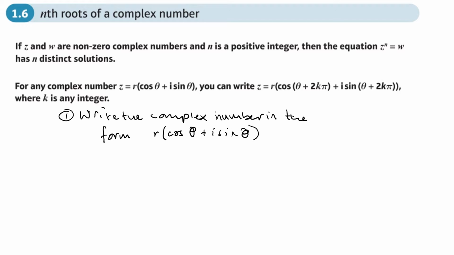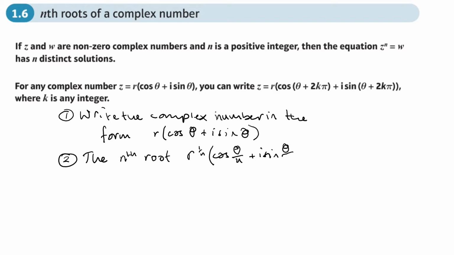The reason we can do that is because we can find the nth root of a complex number using De Moivre's theorem. So the nth root would be r to the power of 1 over n, and then taking the argument and dividing it by n.